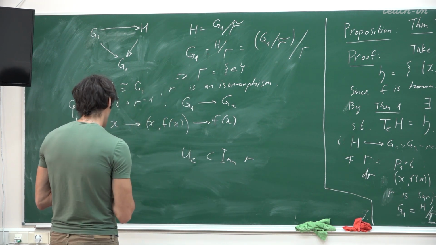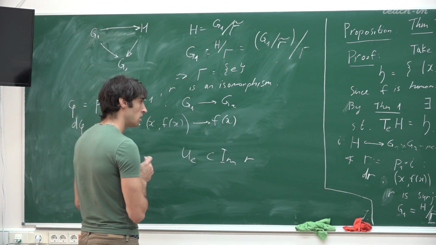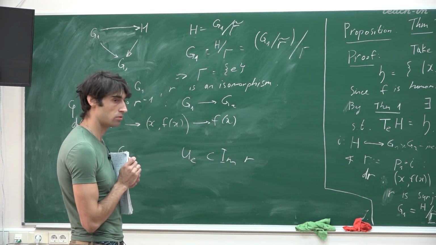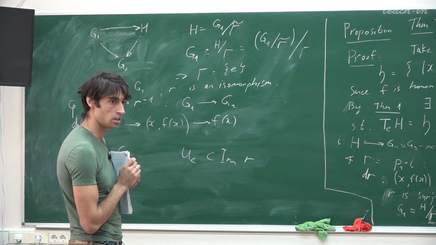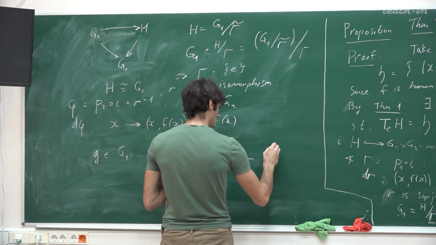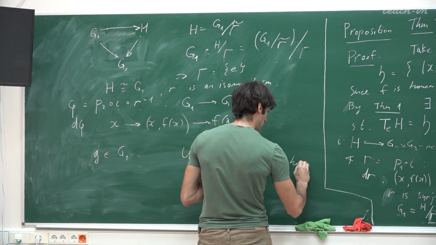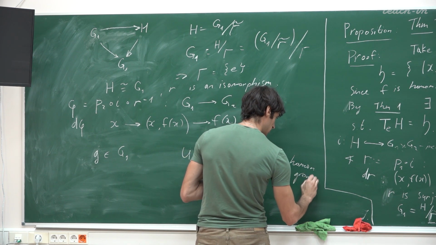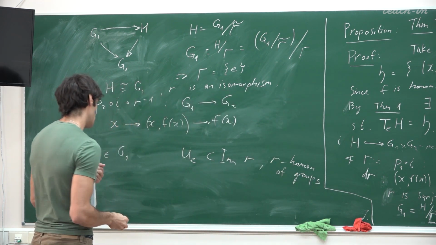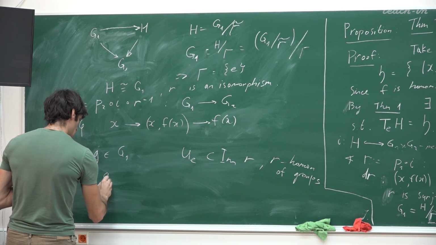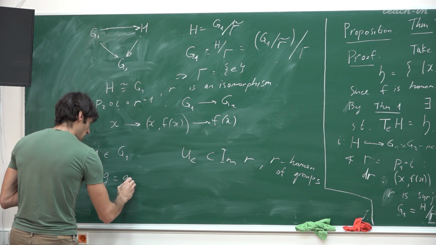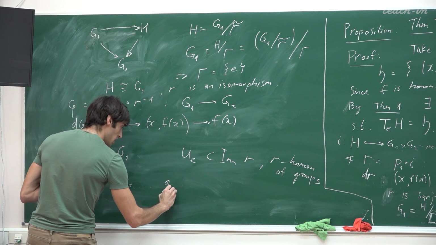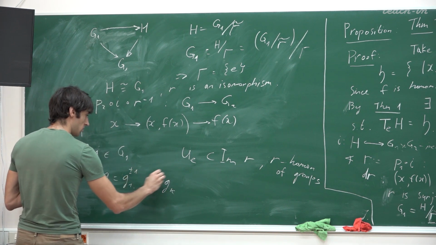And also R is a homomorphism of groups. So I take G, written as G1 and so on, Gk, maybe with inverses.